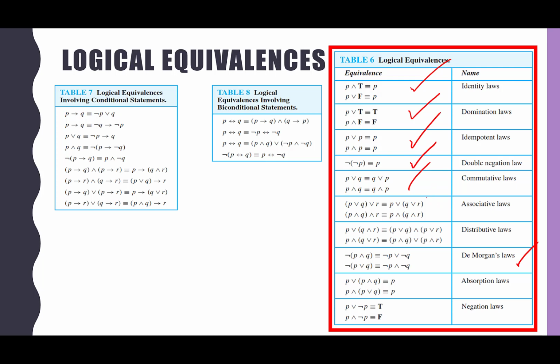So in other words, if I said 3 plus 1 plus 7, it doesn't matter if I put the parentheses there or if I put the parentheses here, it's going to be equal to 11. Doesn't matter. Okay, that's all we're saying here. Make sense? All right. Next one, distributive laws. We're going to come back to that one. That's a little trickier. And we're going to come back to absorption laws.